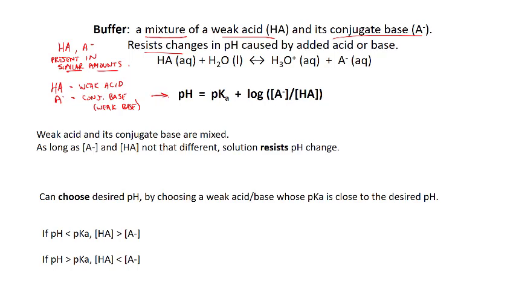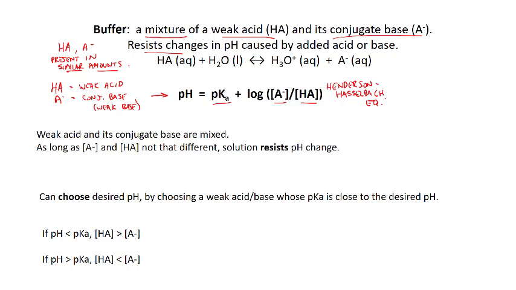There is a formula that allows you to calculate what the pH of an acid or base solution is based on the concentration of conjugate acid and conjugate base if you know the Ka. This is what's called the Henderson-Hasselbalch equation, and I'm going to present it here without deriving it for you. However, I urge you to do practice problems so that you can get comfortable doing pH calculations using this equation.